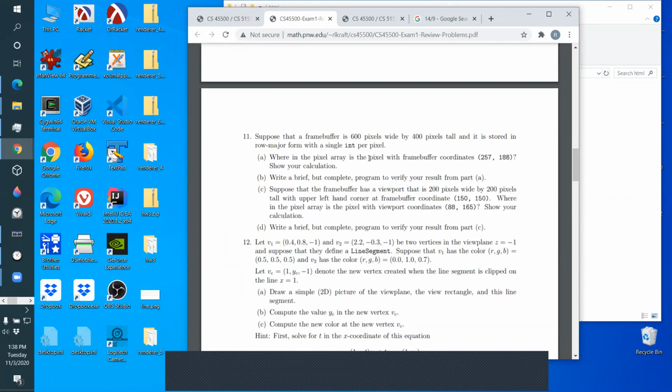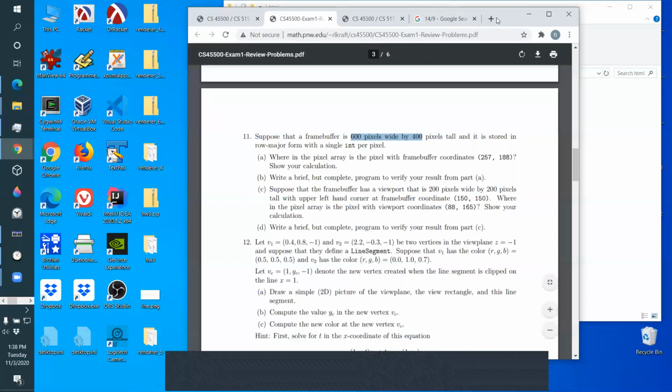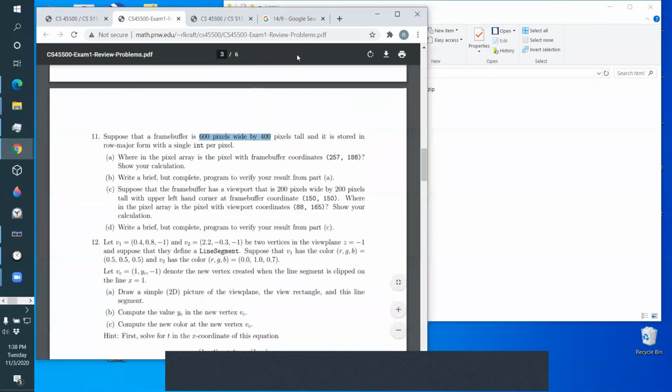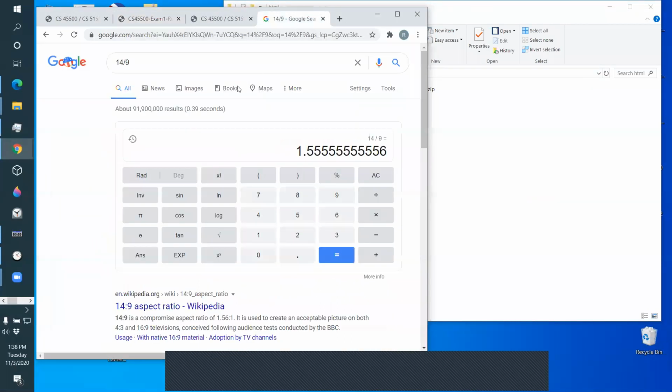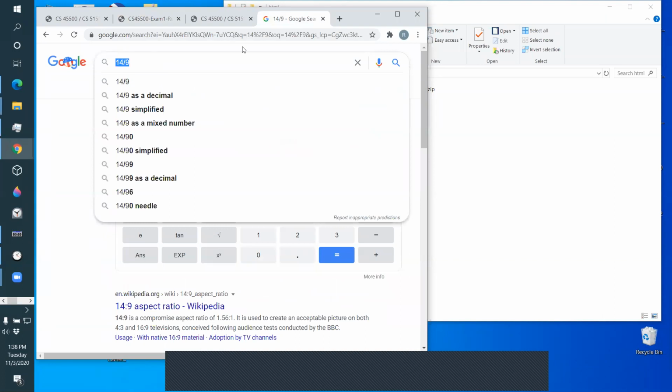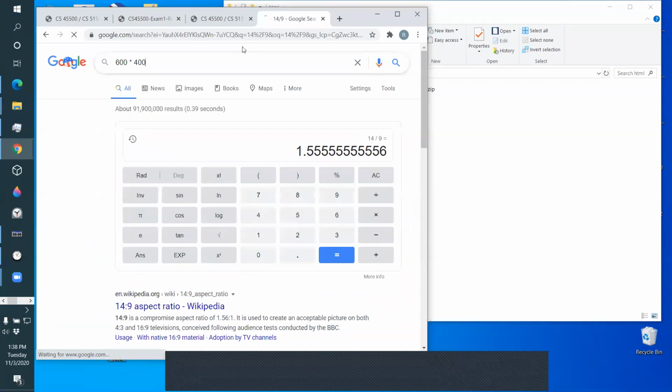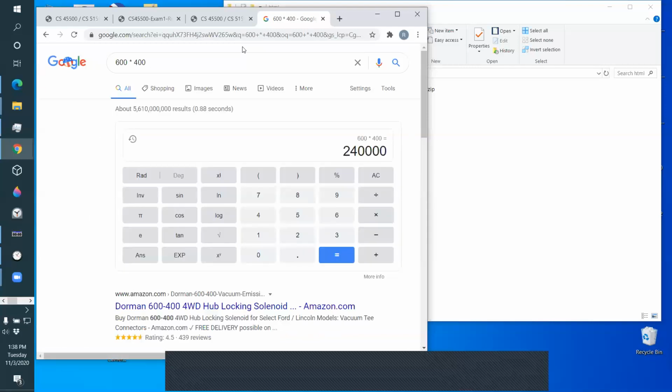Okay. So this one gives you a one-dimensional array of size 600 by 400. So 600 times 400, it'd be 0 to 239,999.